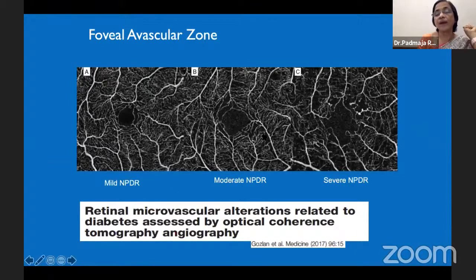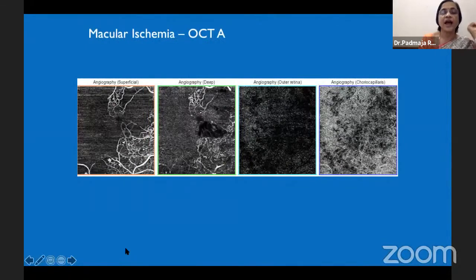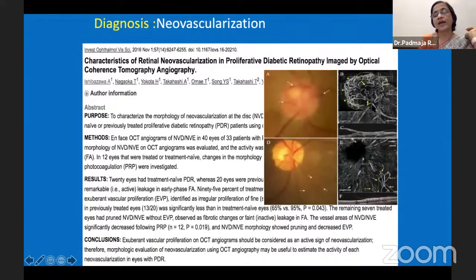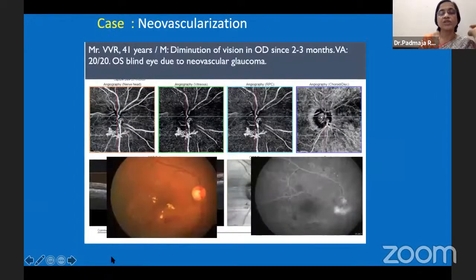When there is a lot of capillary dropout and a lot of ischemia, one can even classify diabetic retinopathy based on the OCTA FAZ features. And because there is no dye leakage in OCTA, the extent of the macular ischemia can also be delineated very well. OCTA can also determine the extent, and the new vessels can be seen very well. So this is all non-invasive.